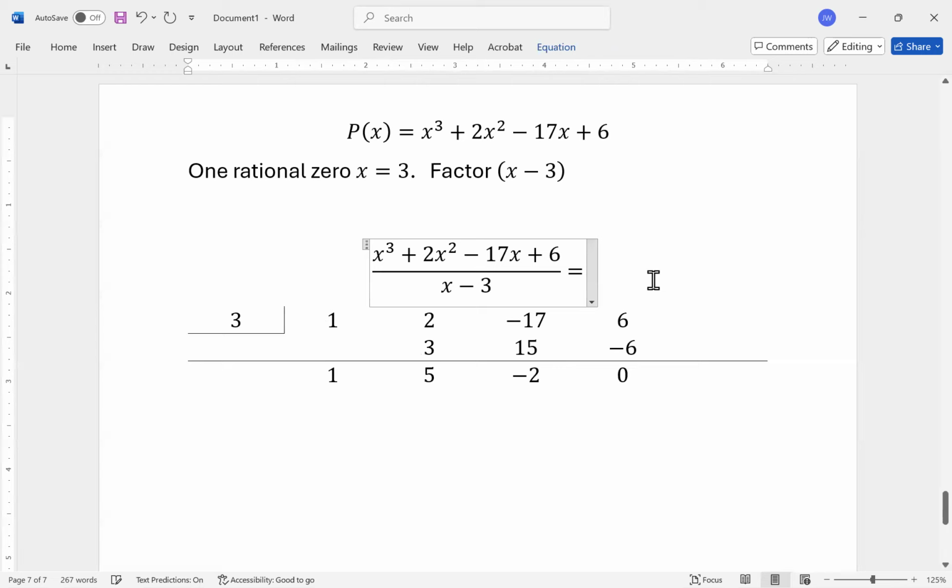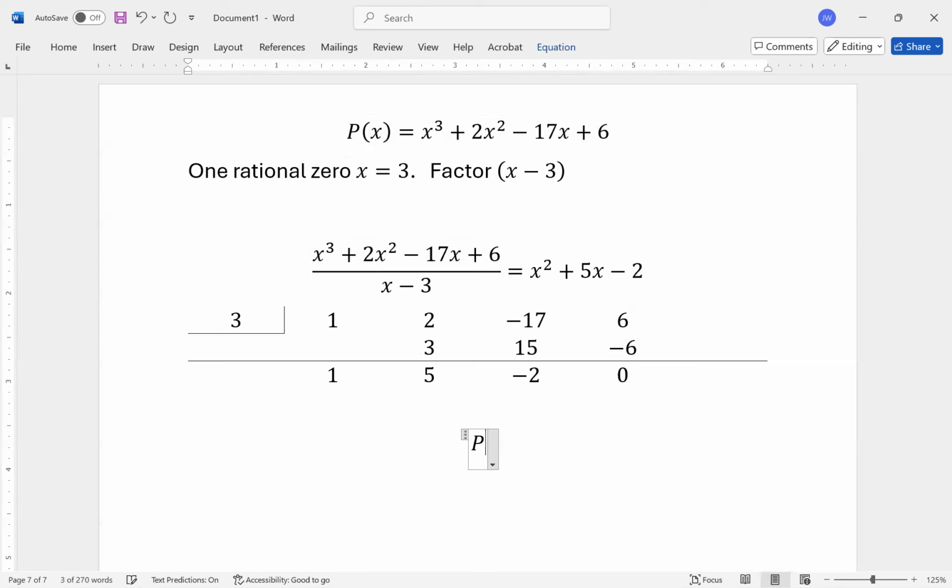So after we do the polynomial division, we know the quotient is x squared plus 5x minus 2. So that means this polynomial, this p of x, polynomial function, can be written as x minus 3 times x squared plus 5x minus 2.